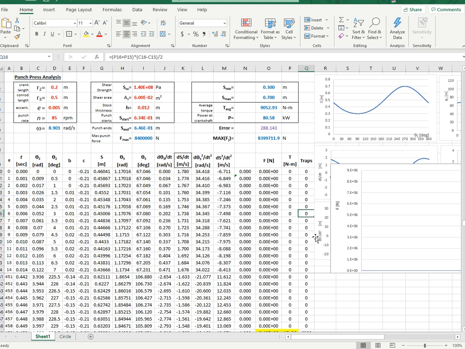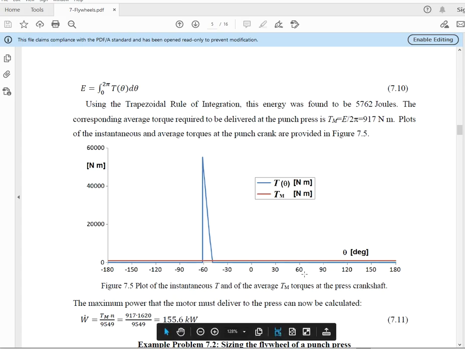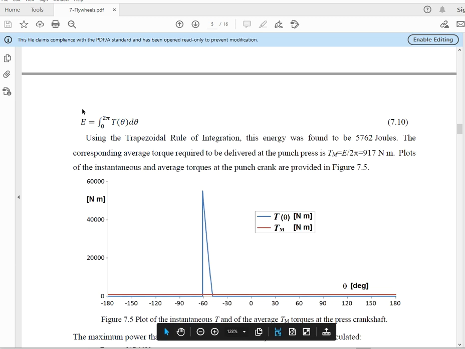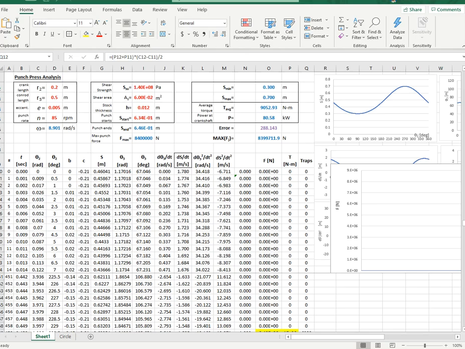Okay. And then what I'm doing is, you can calculate an energy. It's not listed here, but I could calculate the energy for one punch, which is this one, simply by summing the trapezoids. Okay, so I have the trapezoids.